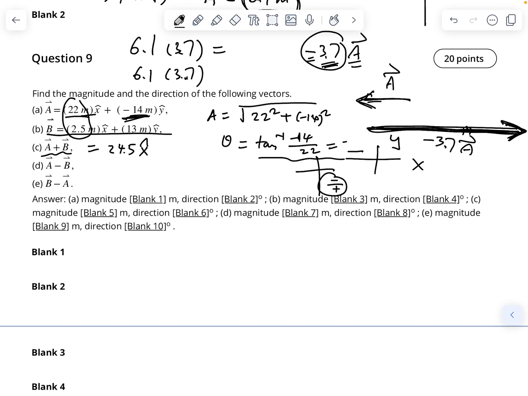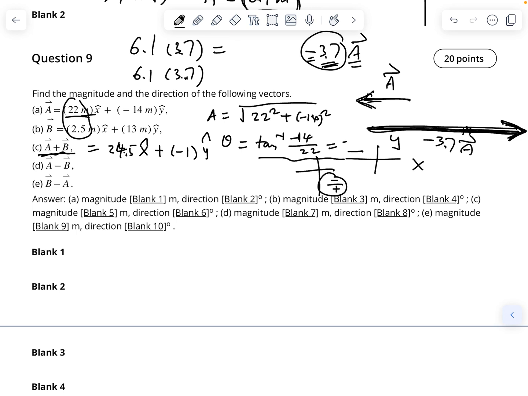Then you add the y components: negative 14 plus positive 13, so adding them together gives negative 1 y. So we end up with 24.5 x and negative 1 y.